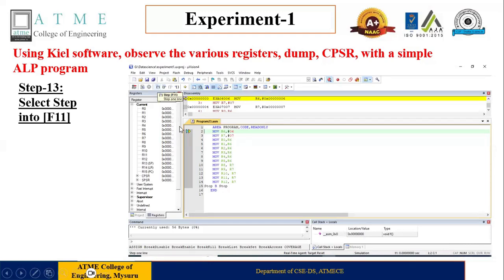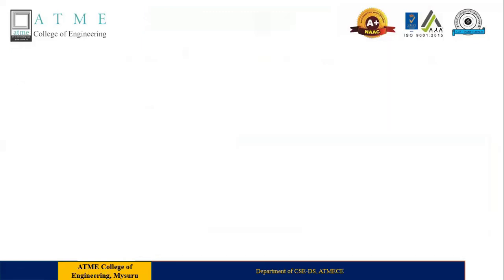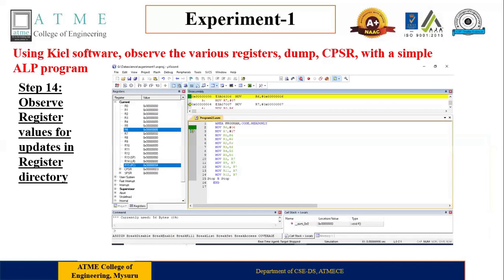Increase the register column width to display all the 8 characters. Here you can see that after running the first instruction, 0x00000006 has been moved to R6. This ARM microcontroller is 32-bit, so 8 digits will be displayed.